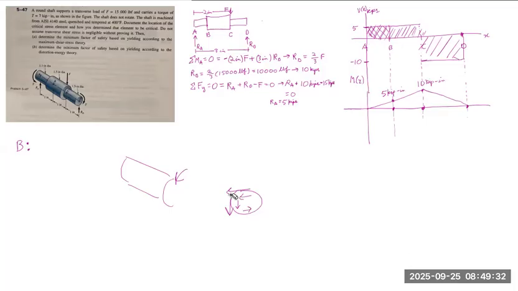And the maximum shear stress for torsion is given at the outer radius, which is this portion over here. We can find that equation from an equation sheet.